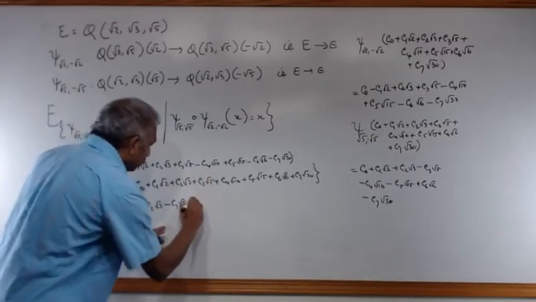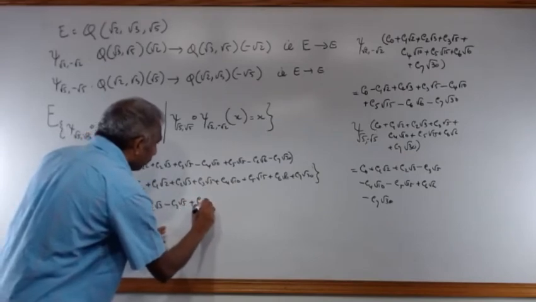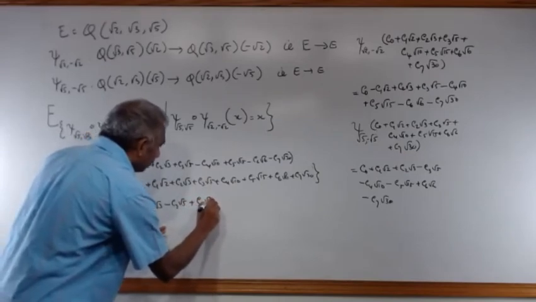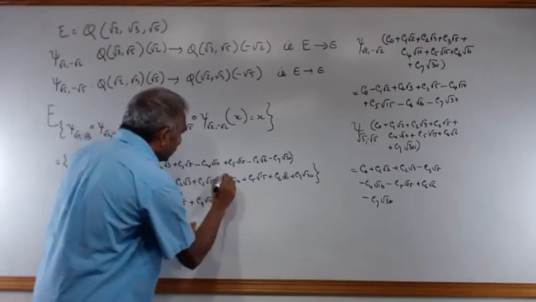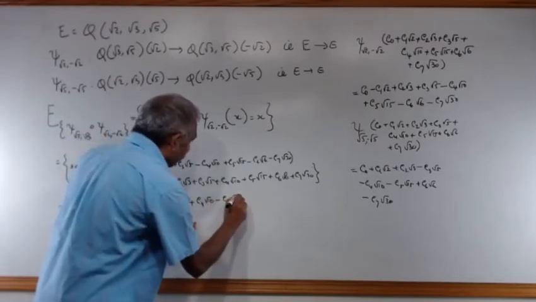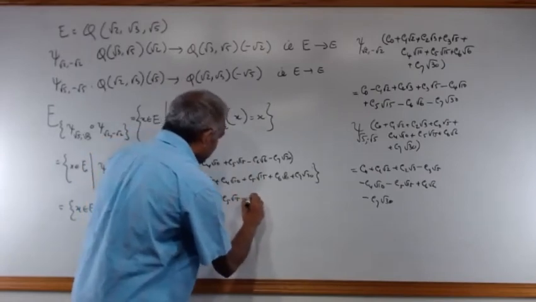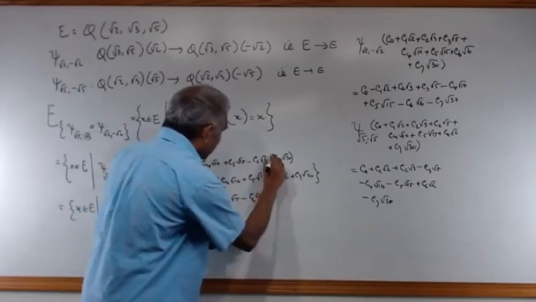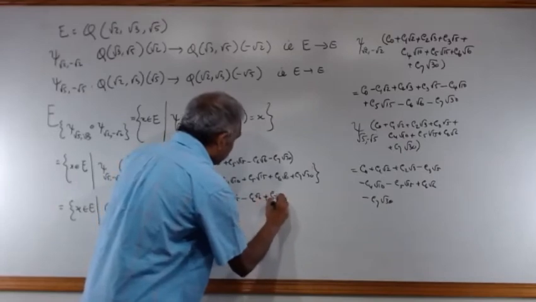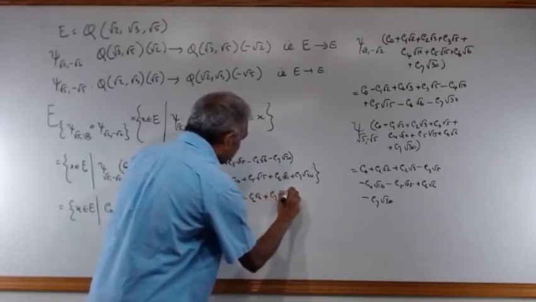This actually turns back to c4 root 10. This is actually minus c5 root 15. This no change, c6 root 6. This you are going to turn back to c7 root 30.